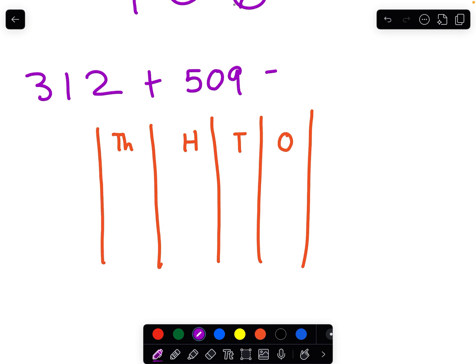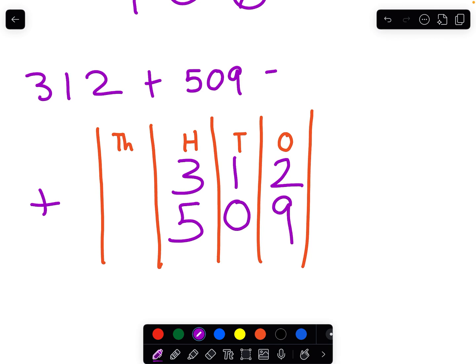Let's do it. 312: I've got 3 in the hundreds place, 1 in the tens place, and 2 in the ones place. 509 plus: 5 in the hundreds place, 0 in the tens place, and 9 in the ones place. Now comes the fun part. We get to just add it all up and get to our answer.